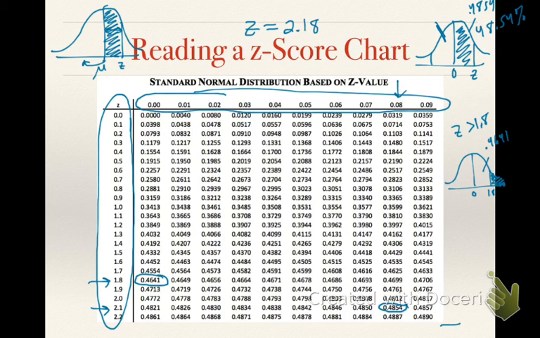So I have to take into account that there's 50% of the data to the right of the mean, and I'm going to take away that 0.4641, because I don't want that area between the mean and the z-score. Doing that, we get 0.0339, or in other words, 3.39% in that little tail. Alright, that's how you read a z-score chart.